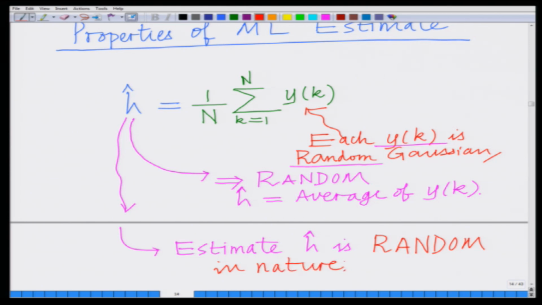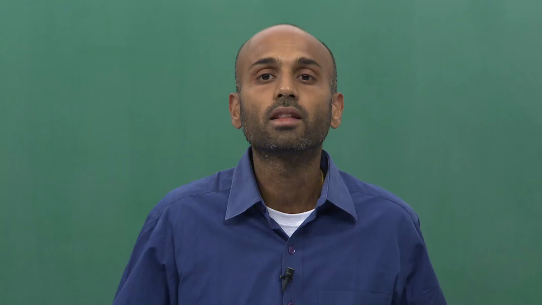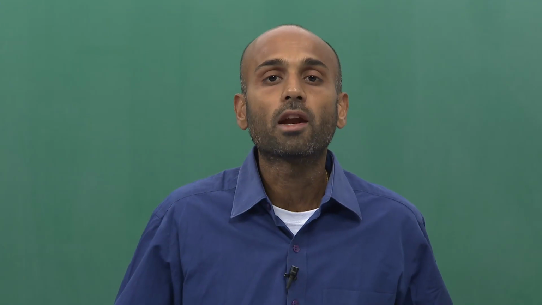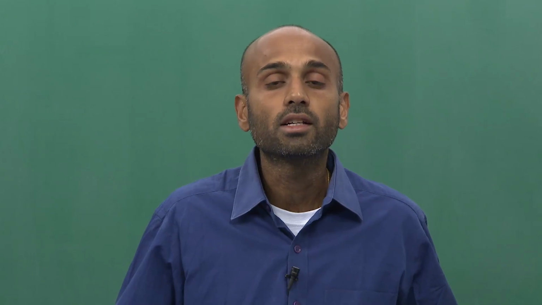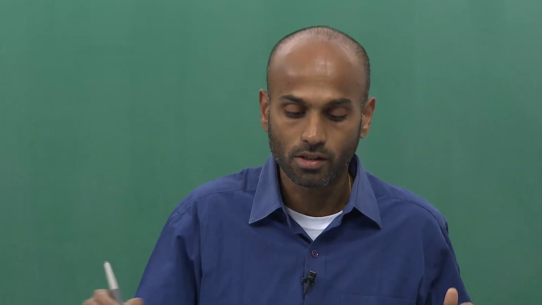Now, since h hat is random in nature, it is not necessary that it is equal to the true parameter h. Therefore, h hat is a random quantity, and it is not always equal to the true parameter h.